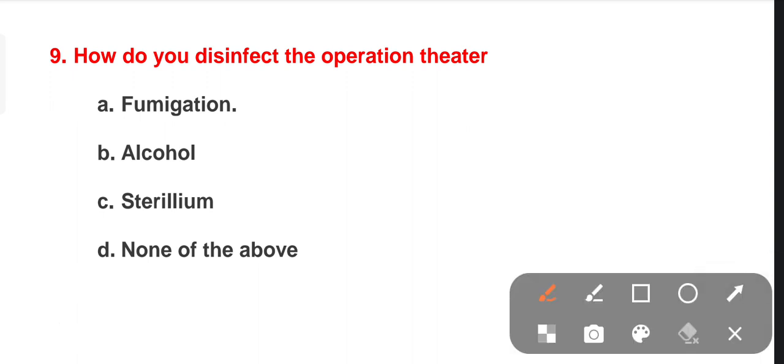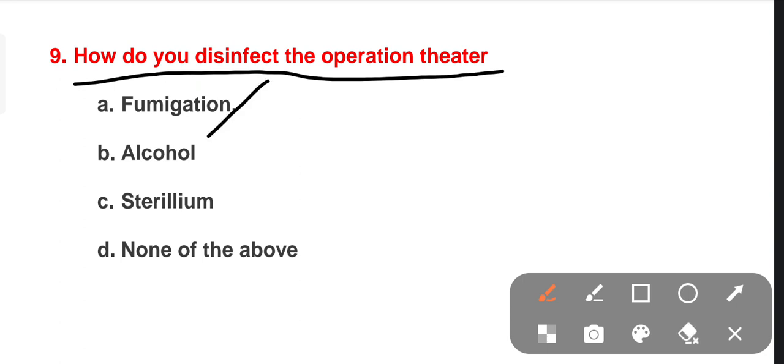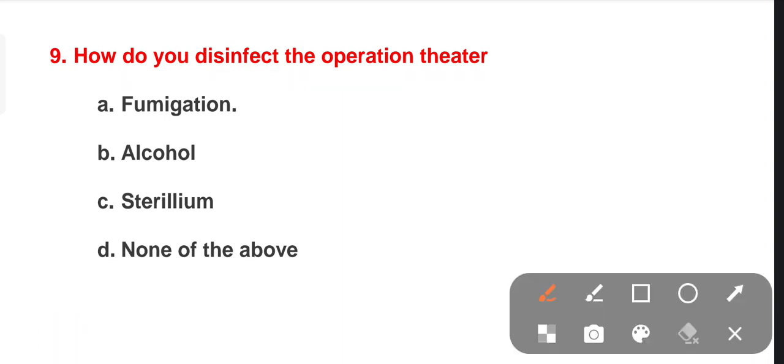The next question is, how do you disinfect the operation theater? As an operation theater nurse, how will we disinfect it? Fumigation, alcohol, sterilium, none of the above. The correct option is fumigation.